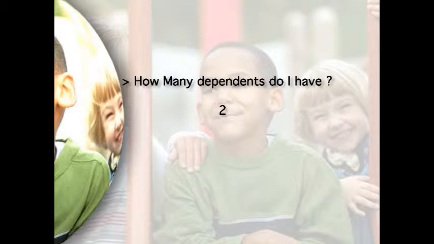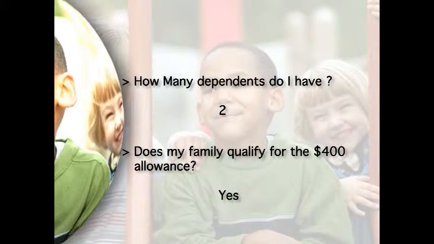How many dependents do I have? 2. The full-time student and the minor child. Does my family qualify for the $400 allowance? Yes, because the spouse is elderly and qualifies us as an elderly family.